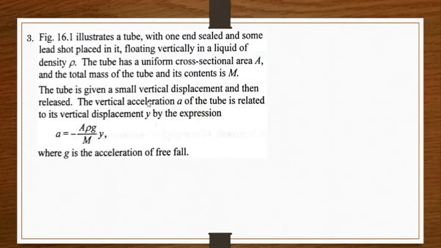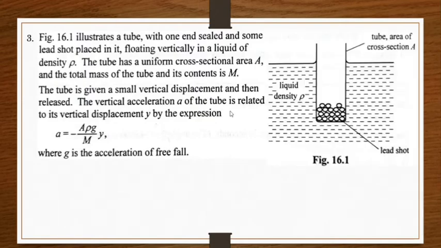Number 3, we have figure 16.1 illustrating a tube with one end sealed and some lead shot placed in it, floating vertically in a liquid of density ρ. The tube has a uniform cross-sectional area A, and the total mass of the tube and its contents is m.